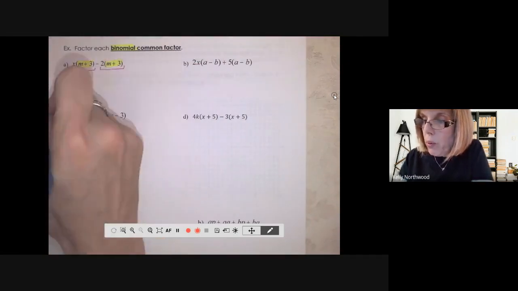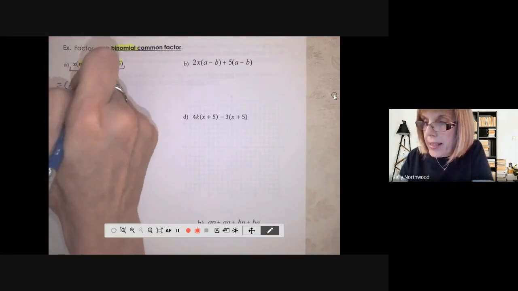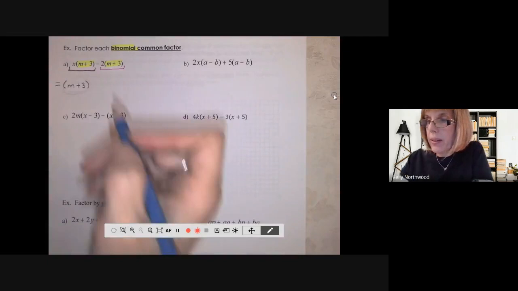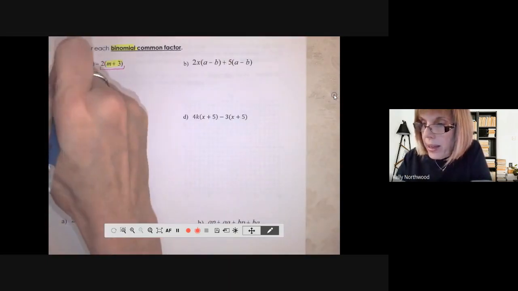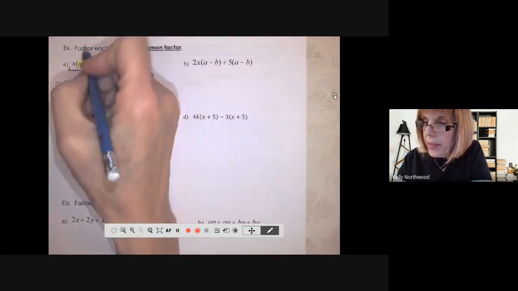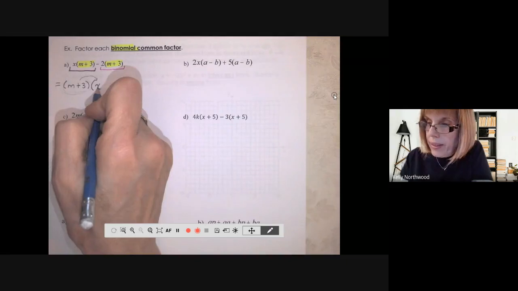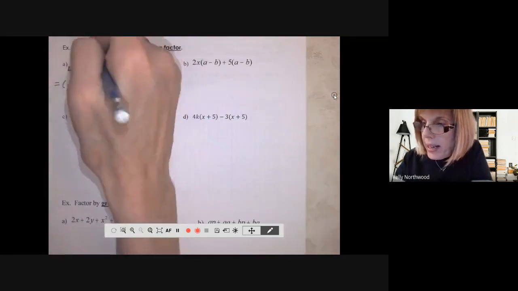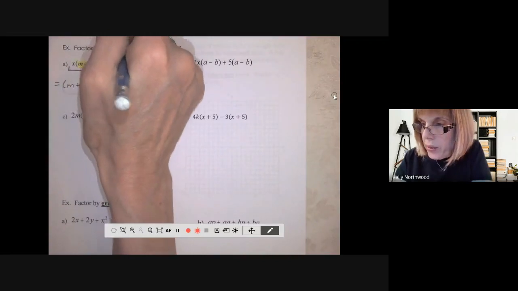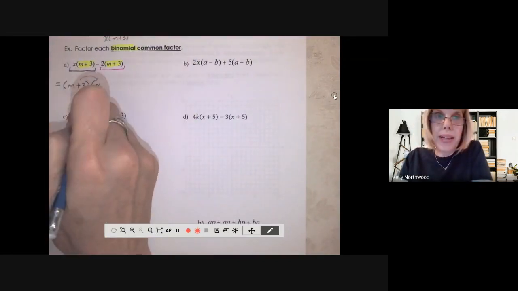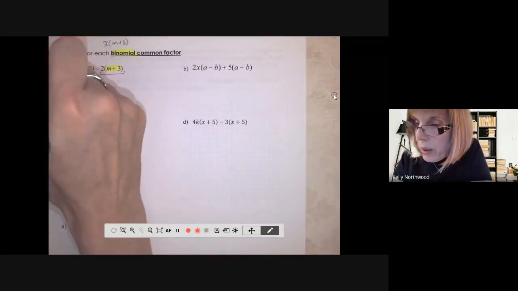So then I'm thinking, well, what do I multiply this binomial m plus 3 by to get x times m plus 3? And I need to open up my bracket here. I multiply by x. So think about if I expanded that, before I expanded it out using the distributive property, I'd have these two things multiplying together, m plus 3 and x. Or you can think about the divide.